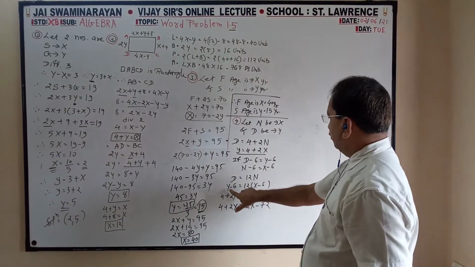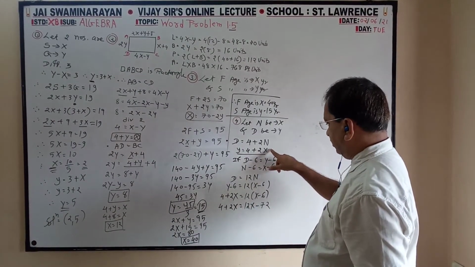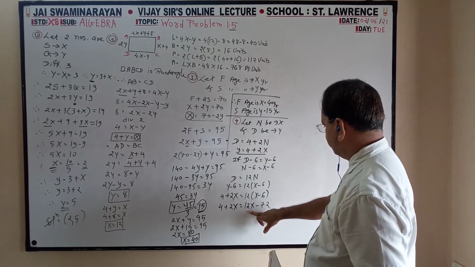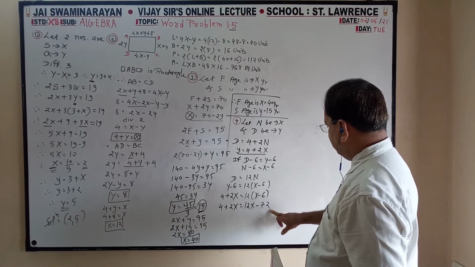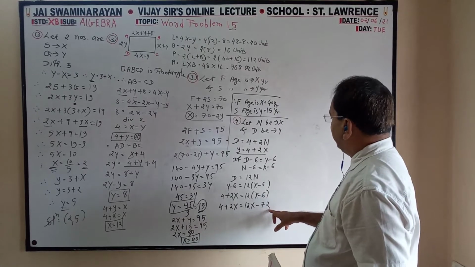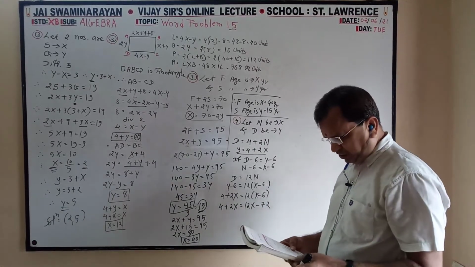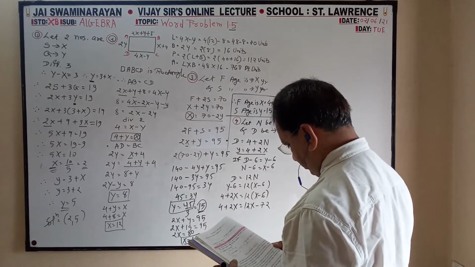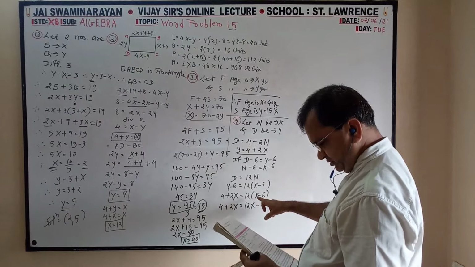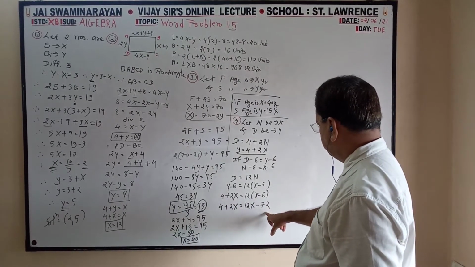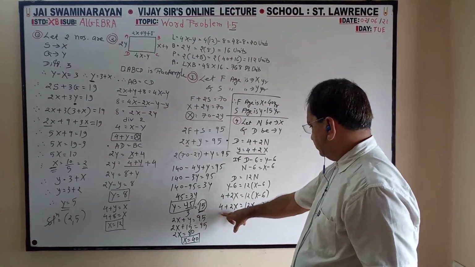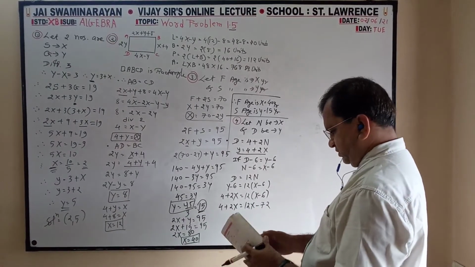So y we have substituted 4 plus 2x. Again it is coming in fraction. It is 4 more than that. Find the fraction. 12 times. Again it is coming.